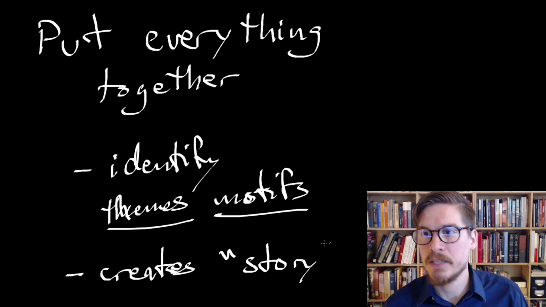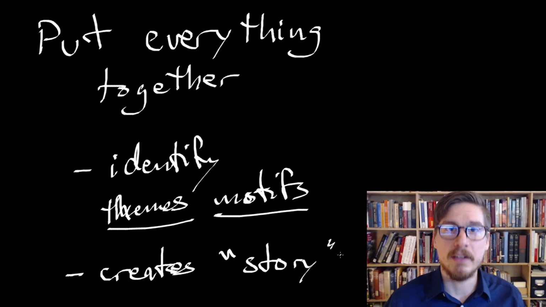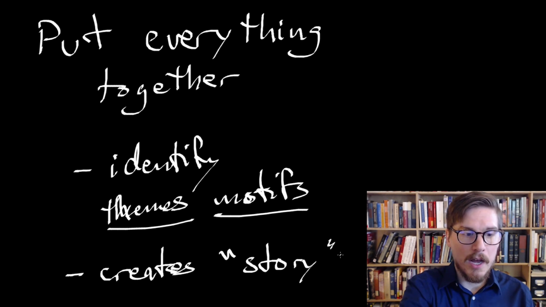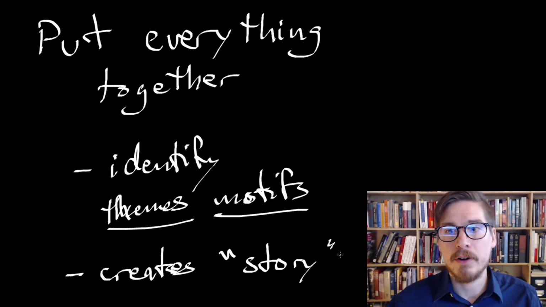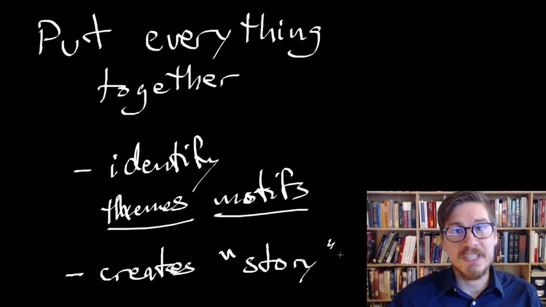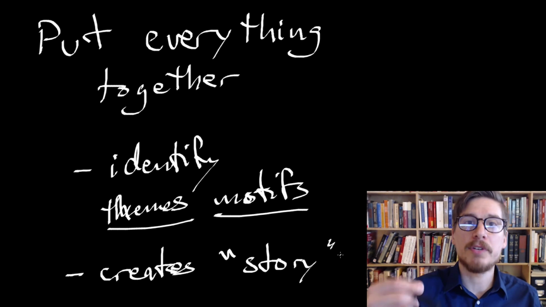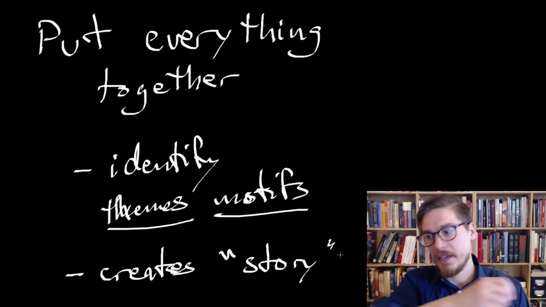Now I'm putting it in scare quotes because it's not really a narrative, right? But you can construct it like one. You can explain how Euclid does this, and then this, and then this, and then this, and how it all fits together. And that produces something like a story that provides a kind of context, and the student will understand how what they're doing now fits into this trajectory.